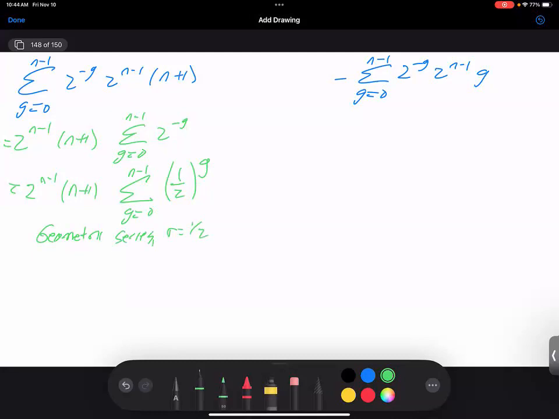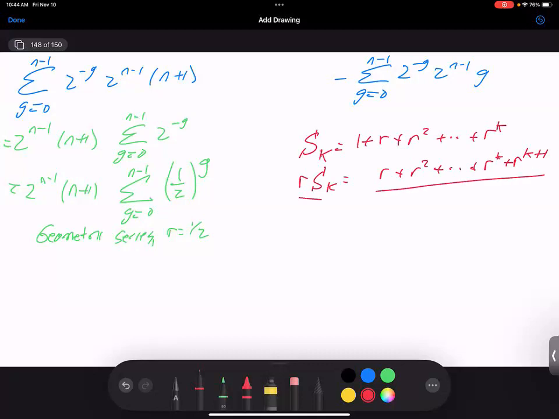R equals 1/2. And so we can use the finite geometric series formula. So if you let Sk equal 1 plus r plus r squared plus ... plus r to the k, if I multiply by r, I get r plus r squared plus ... plus r to the k plus r to the k plus 1.